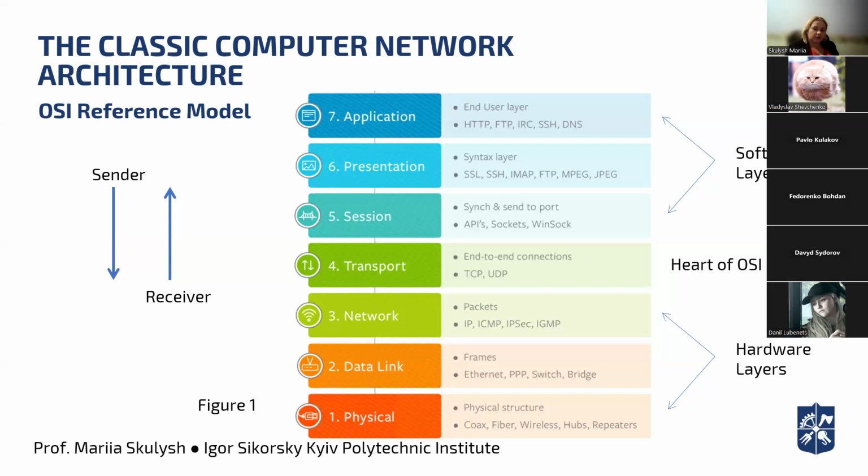Even the network layer, when we deal with packets, with IP, ICMP, these protocols are also processed by software, so they can be divided or organized somewhere, depending on this layer.